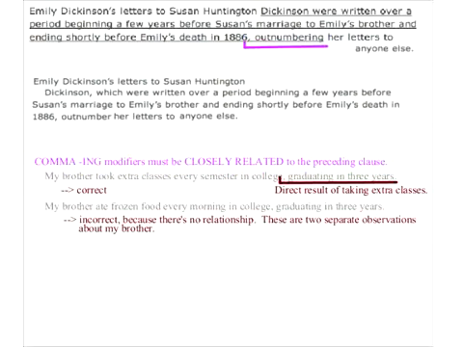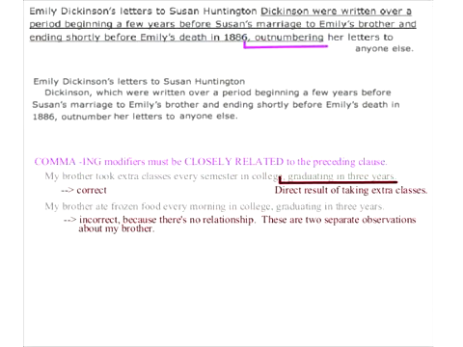Okay. So here's more on comma ing. If you want to know more about what kinds of relationships you're supposed to have, you can click on that link that's in the window.